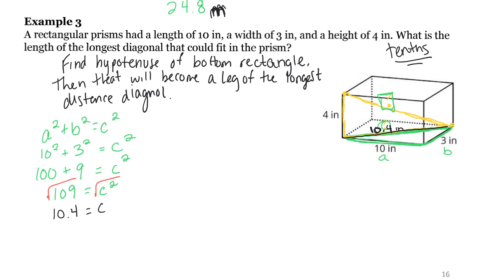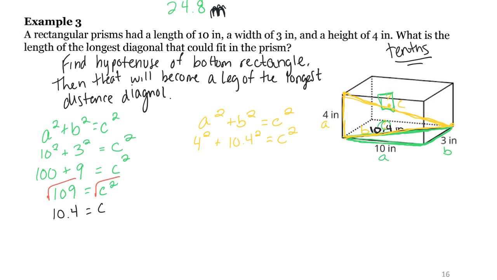10.4 inches. So now we could take that information, and that becomes our B in our next one to find the longest diagonal. So we have A squared plus B squared equals C squared. So we have our A is 4 squared. Our B is what we just found in the last problem, 10.4 squared equals our C squared.